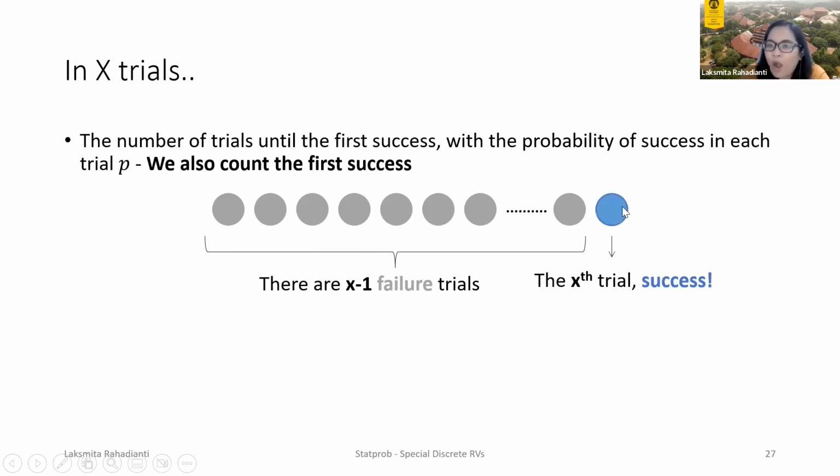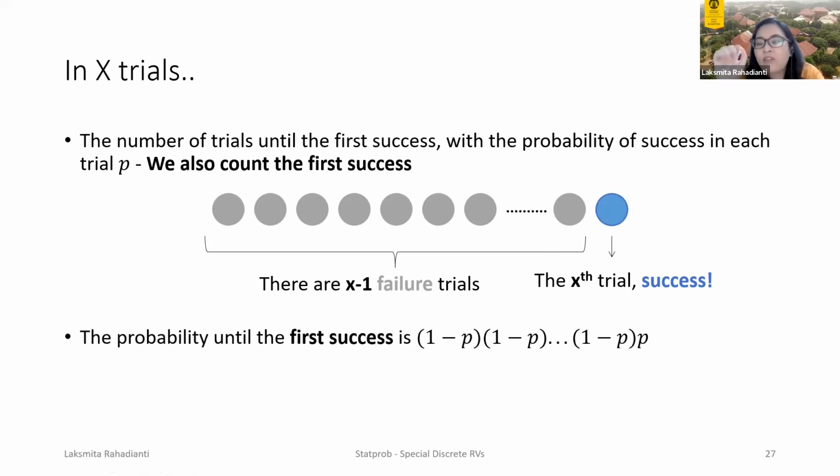And then voila, I get to Matthew and I get a yes answer. So at that X trial, I get a success. So I got a no X minus 1 times, and I get a success on the X trial.